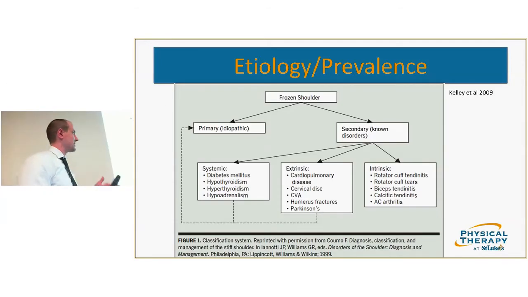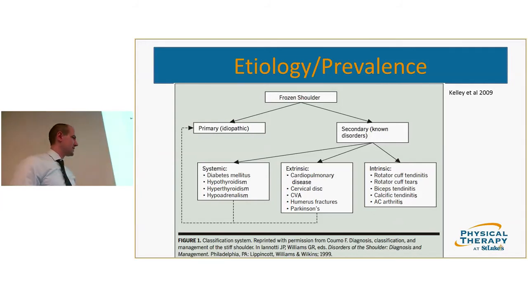So just looking at a little bit of a diagram, this just breaks down some of the causes. Again, you have those two main categories, the primary and the secondary. You can see the secondary are from something that we can draw lines to, whether or not they had surgery, if they have arthritis, if they have an underlying rotator cuff tear. Those things can always feed into the secondary, which we can draw a line from them.